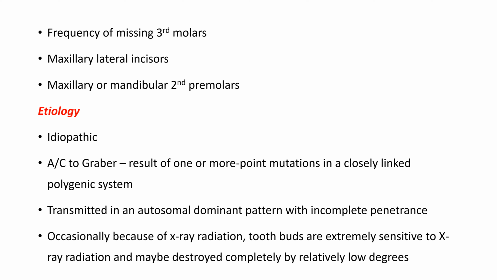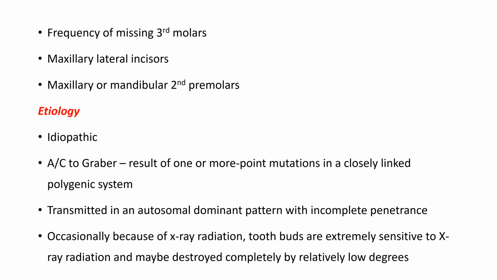Although any tooth may be congenitally missing, there is a tendency for certain teeth to be missing more frequently than others. For example, third molars are most frequently congenitally absent.